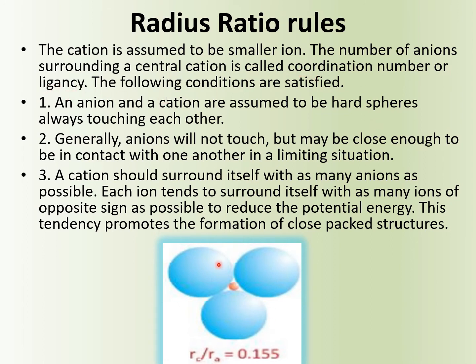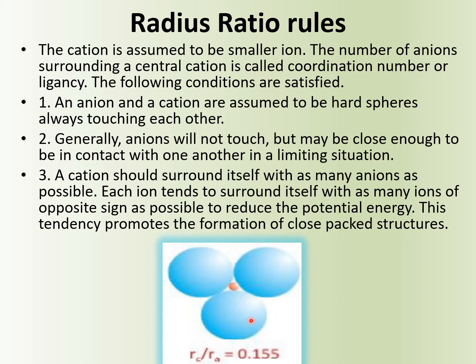What is the rule satisfying these things? First, the anion and cation are assumed to be hard spheres, always very close to each other, touching each other, they are saying. Generally, they are not touching each other, but they are close enough to be in contact with each other. And this cation surrounds itself with as many anions as possible.